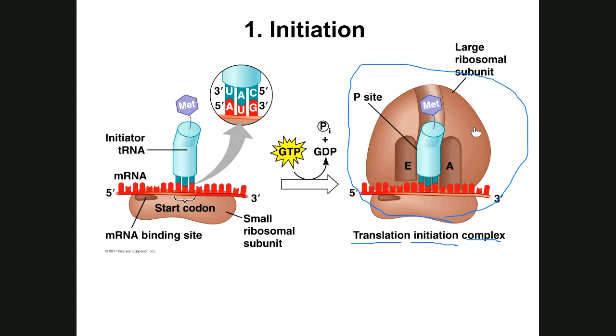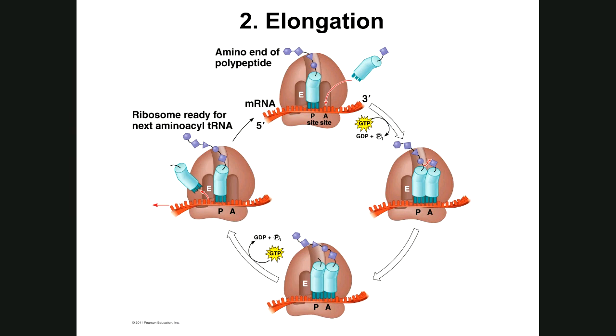It's made up of both the large and small ribosomal subunits with mRNA, the start codon attached to the initiator tRNA located in the P site. This is a translation initiation complex. Once this complex has been formed, the ribosome is ready to begin the process of synthesizing the polypeptide.